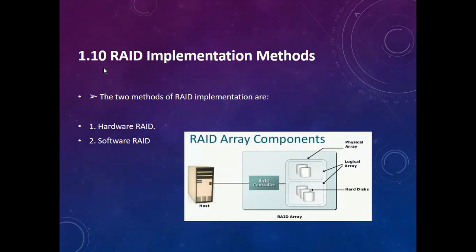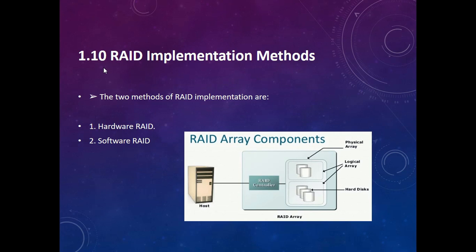RAID implementation methods. Let us see how we can implement RAID. RAID implementation has mainly two methods: hardware RAID implementation and software RAID implementation. If you go for hardware RAID implementation, you have to have a RAID controller that has to be installed either on the host itself or on the array itself.